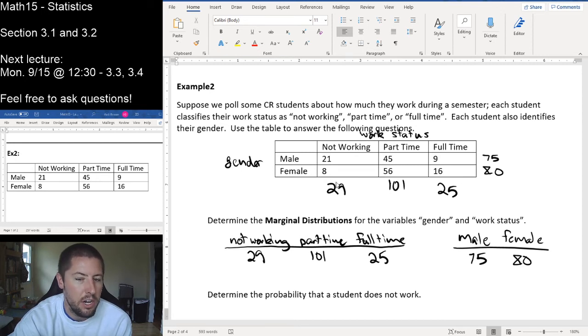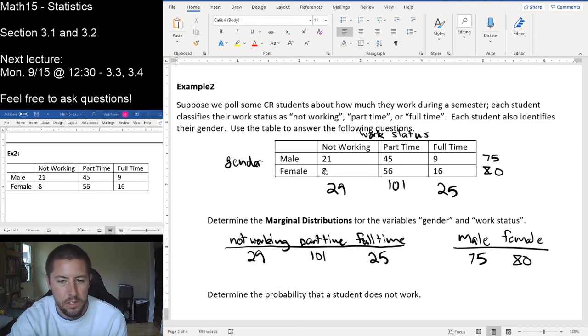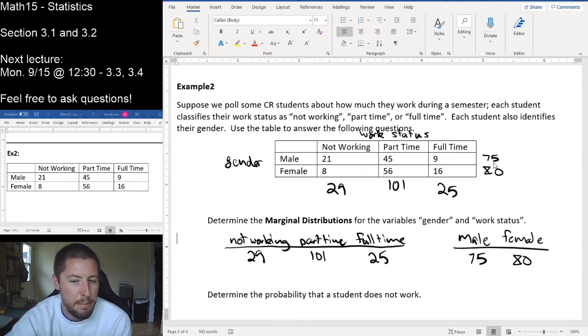We've stripped away gender information by adding down the gender columns right there. Very similarly, 75 has nothing to do with work status. 75 is just the descriptor of how many males total. And so in this way, we refer to these as marginal distributions because you write the numbers in the margins of your table. And these help us think about one variable without the context of the other variable, which is typically useful.